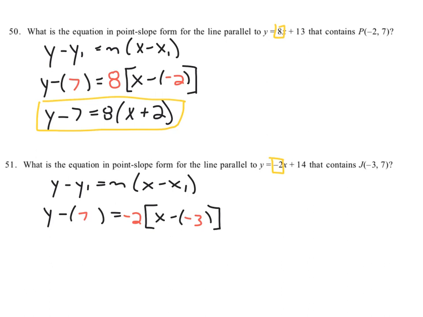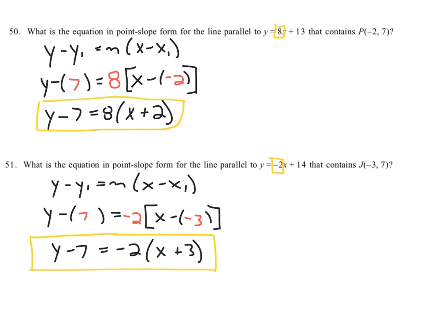And now, again, we need to just simplify this into y minus 7 equals negative 2 parentheses x plus 3. And that is the equation in point slope form. And we're done with these two problems.